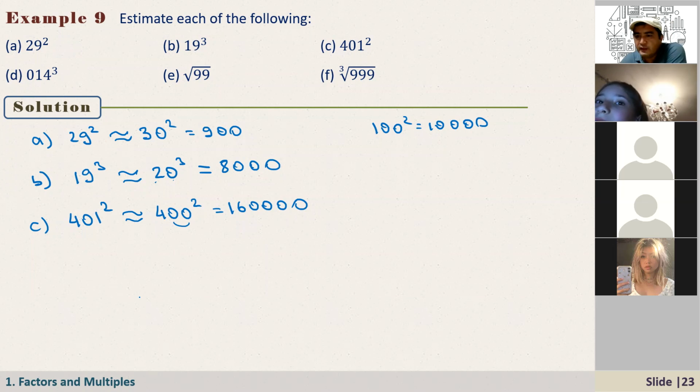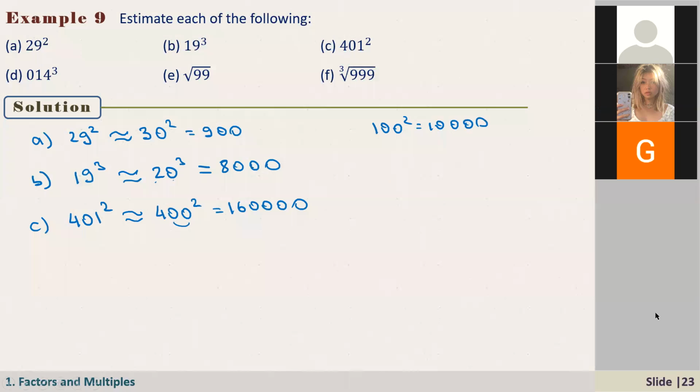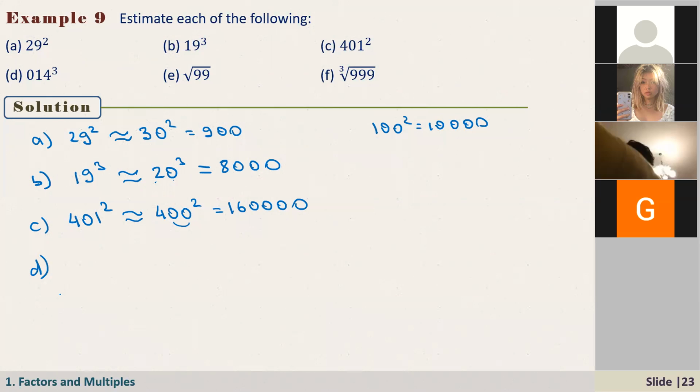Good. And guys, I cannot see others. Okay, Shamil, are you there? Yes. Shamil, can you estimate this one? Actually, E is for you.